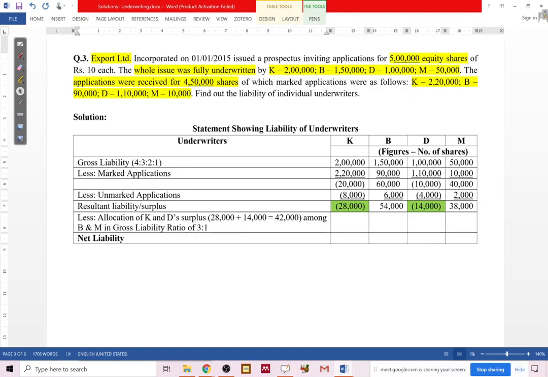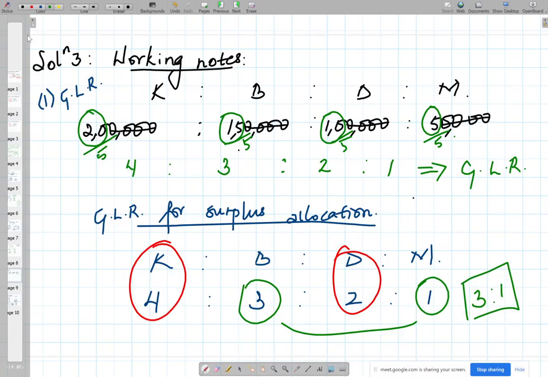Am I right? When we have only one person with a surplus, we just take that surplus and distribute it. But here we have two. So first add it up, 28,000 plus 14,000, you get 42,000. Now 42,000 in 3:1 ratio.